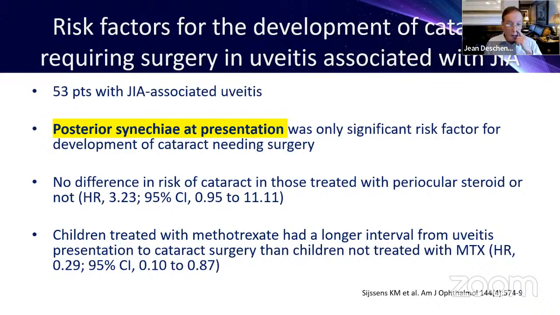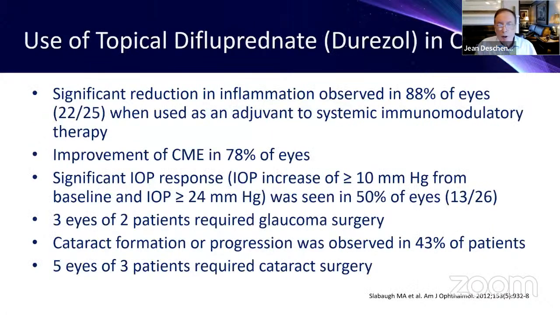There's no difference in the risk of cataract in those treated with periocular steroid or not. However, children treated with methotrexate do better as far as cataract presentation and the outcome of cataract treatment following surgery.